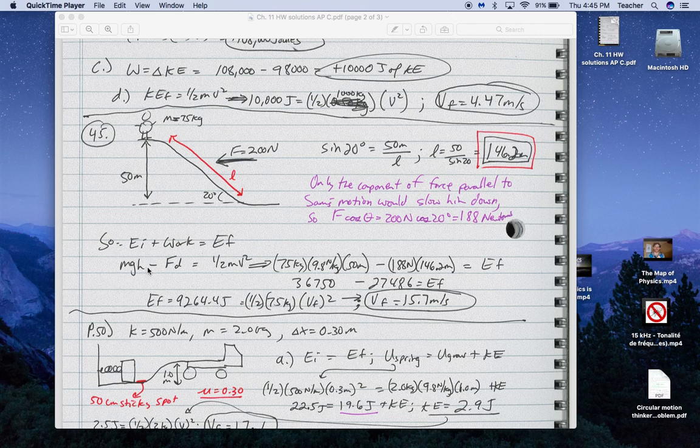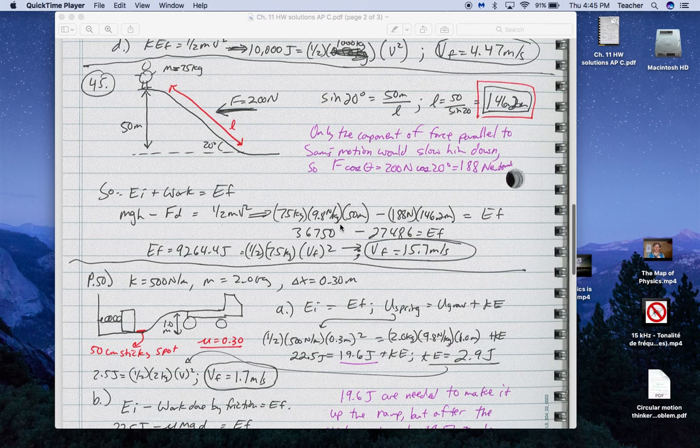I chose that the initial energy was gravitational potential energy, and you lost joules due to the wind trying to slow the person down from what they would otherwise be doing, and that would equal the final energy, which is kinetic. So only the component of wind which is parallel to the person's motion would basically be acting against them. So I did 200 cos of 20 degrees, and that's 188 newtons.